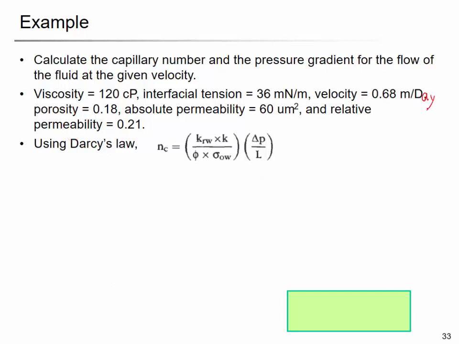And porosity, absolute permeability, and relative permeability. So calculate the capillary number first and see what, U V over sigma. I'll give it only 2 minutes.